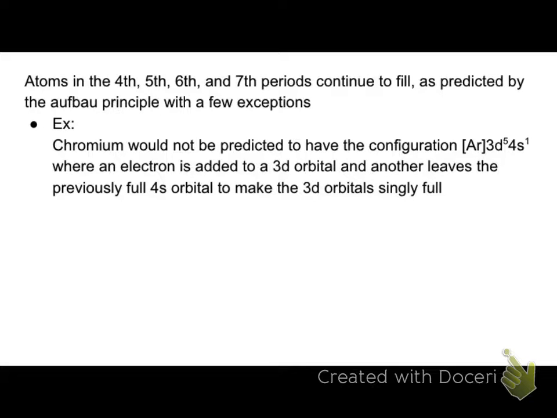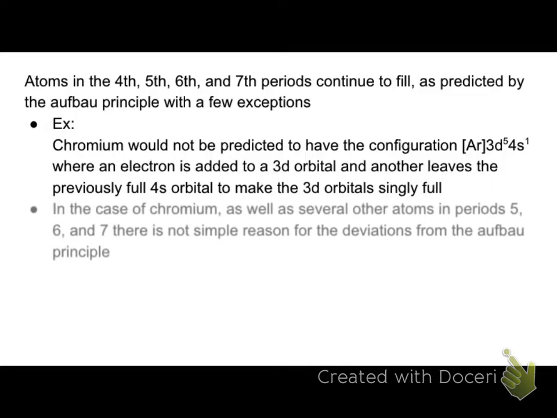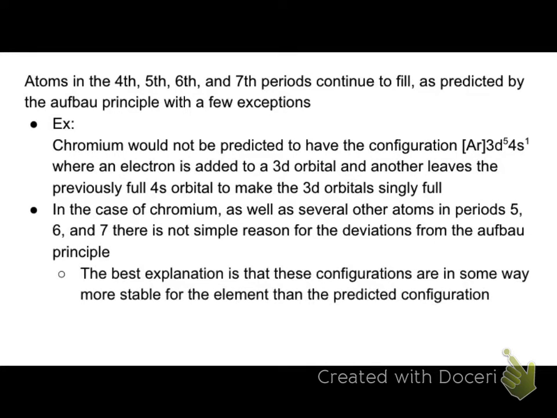Explaining why things happen this way is beyond the scope of what we're learning in class. The most explanation that you need to understand is that for whatever reason, this new configuration is more stable for chromium than the one that was predicted by the Aufbau principle.